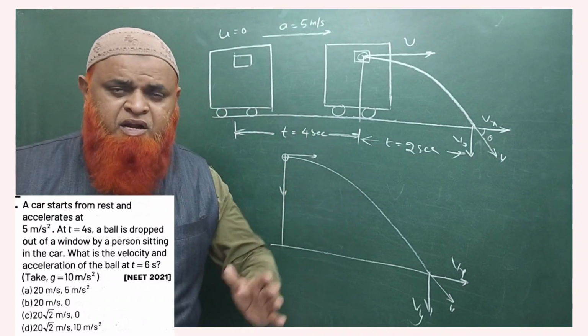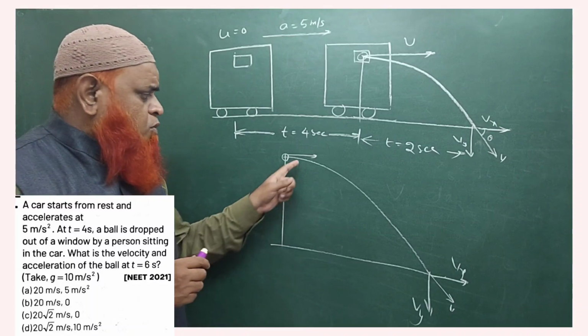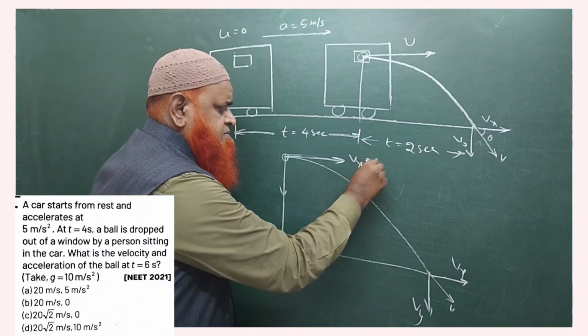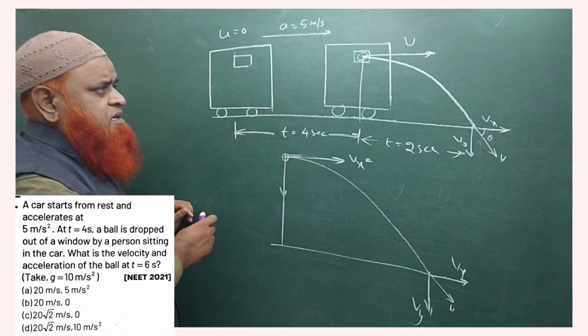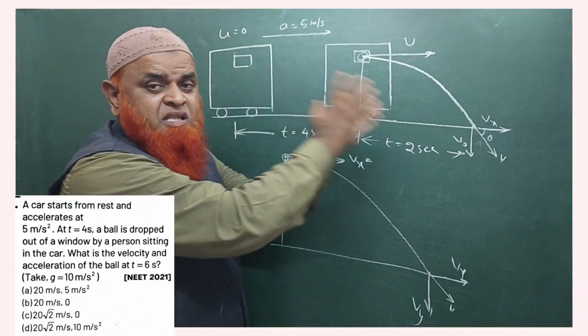We have to think a little bit, then you will get the answer very easily. So what is the horizontal velocity at this place, Vx? The horizontal velocity is nothing but the velocity gained by the car.